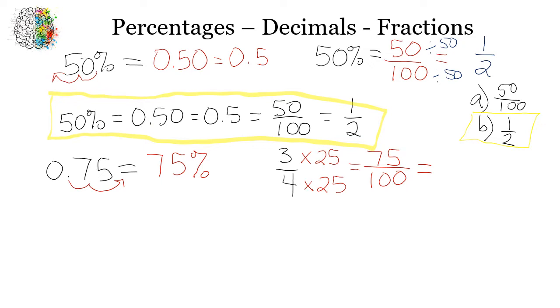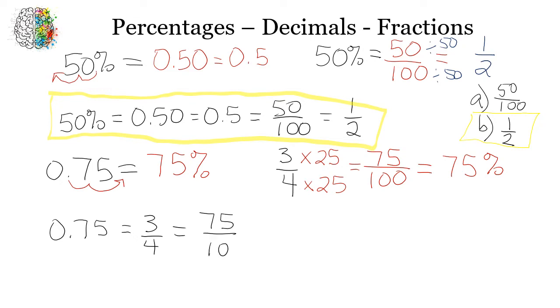And I know that a number divided by 100 can also be written as a percentage. So once again, we can see that 0.75 equals 3 over 4 equals 75 over 100, and all of those equal 75%.